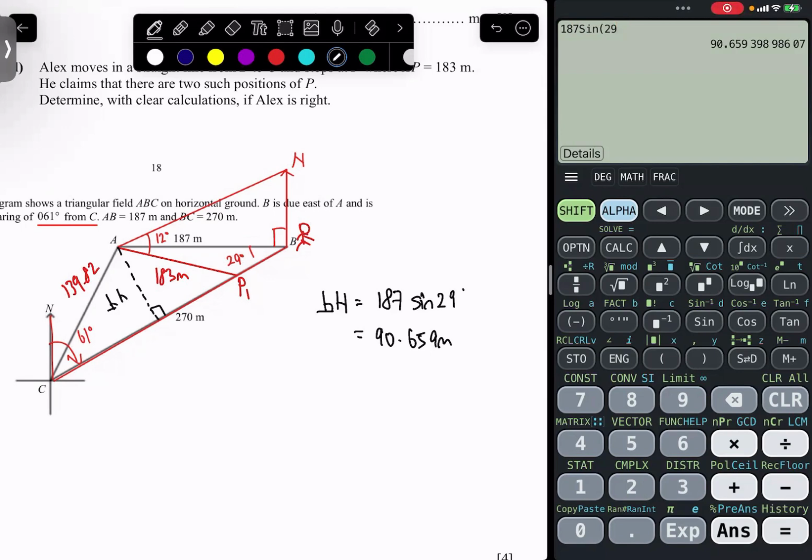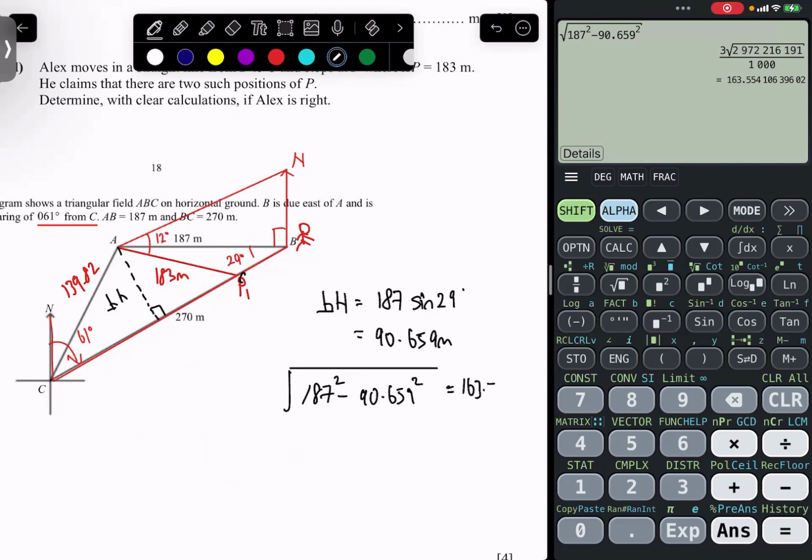Now, based on this perpendicular height, I need to find out how much Alex needs to walk to the first P1 position. Based on Pythagoras, 187 squared minus 90.659 squared, then square root, equals 163.554.